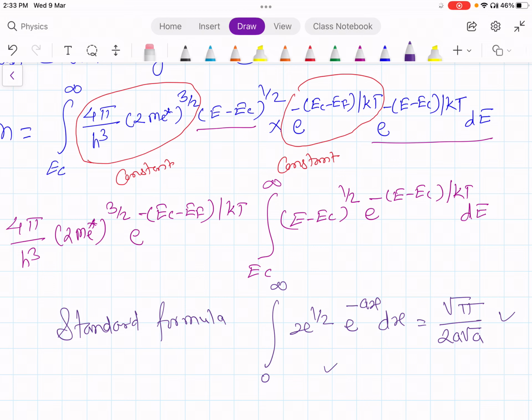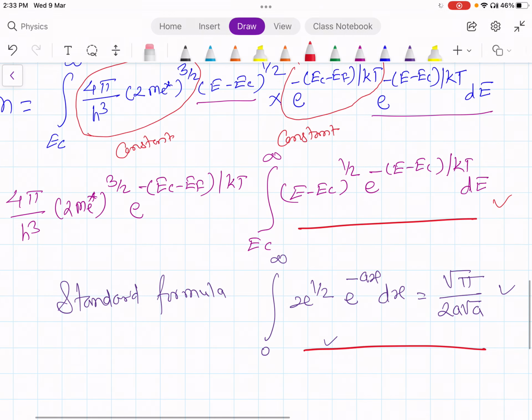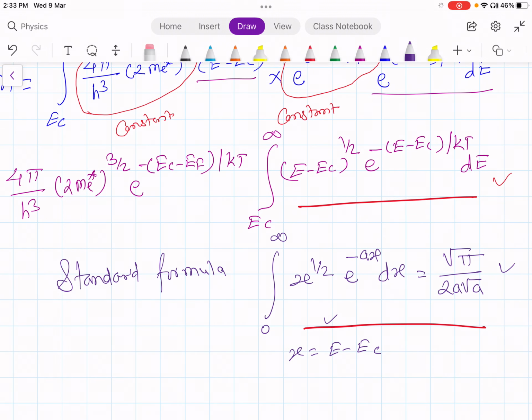So in this case, if you compare this with this, the integration is from 0 to infinity. In our case, the integration is from EC to infinity. But EC is our reference energy level, so the same formula we can apply. In this case, x is E minus EC, and this a is 1 by kT.